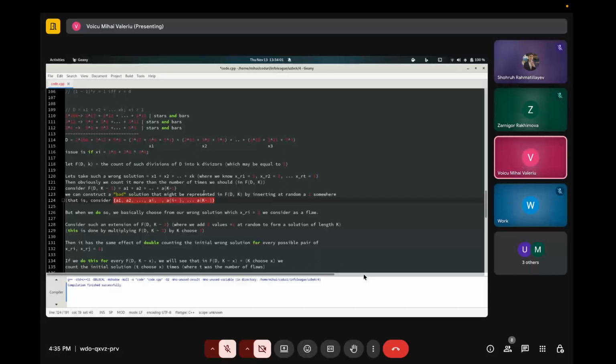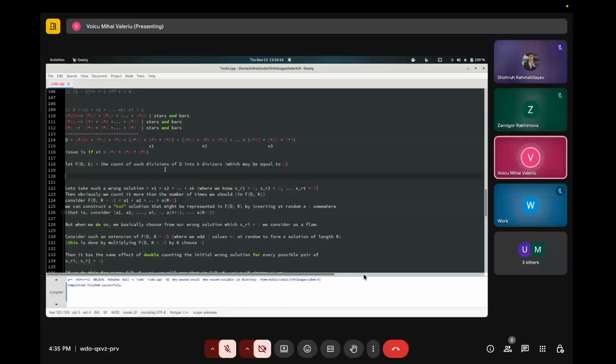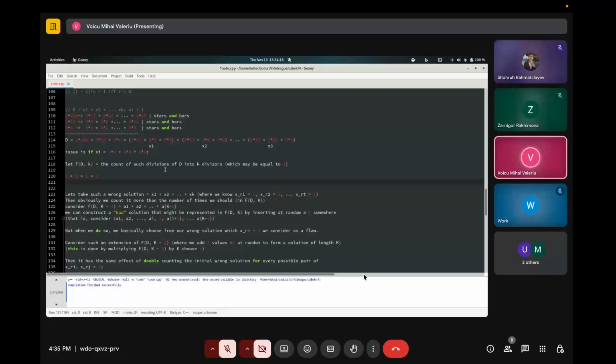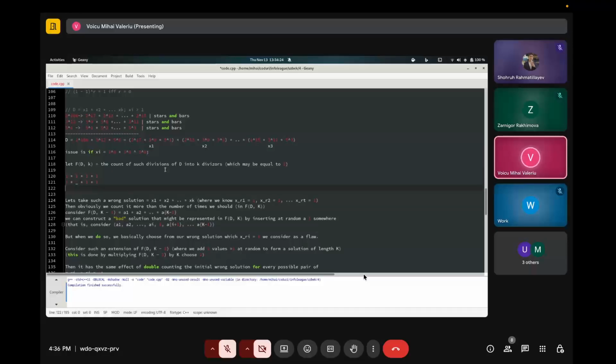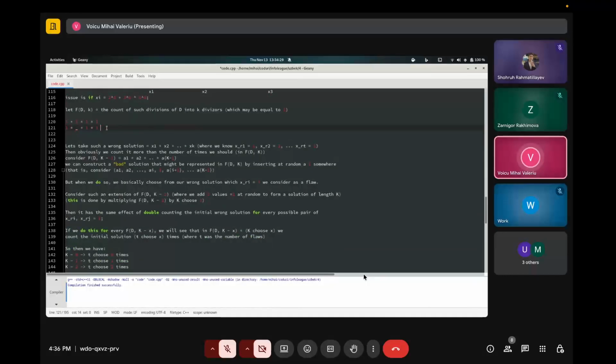But then we notice that we might construct multiple times the same wrong solution. That is, let's take the wrong solution 1 times 1 times 1 times 1, for example. And this can be constructed by inserting 1 into the wrong solution of 1 times 1 times 1 for k equals k minus 1.